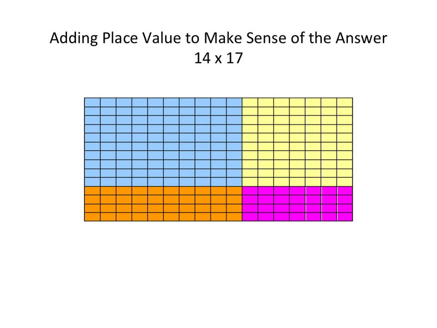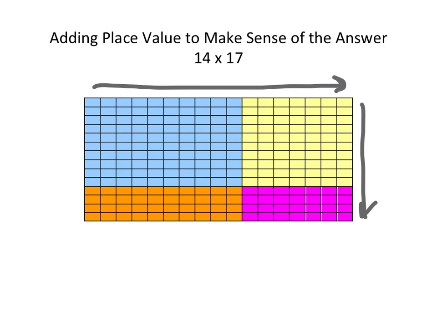At this point we can apply place value. So this diagram is really showing the same thing. We have a row of 17 going this way, and we have 14 groups of that 17 going down. So we have the same thing that we had in the slide before. However, this time we're looking at our numbers with place value.